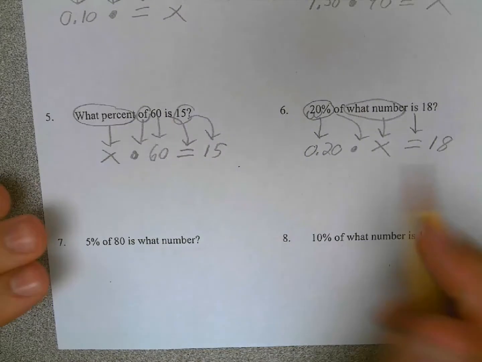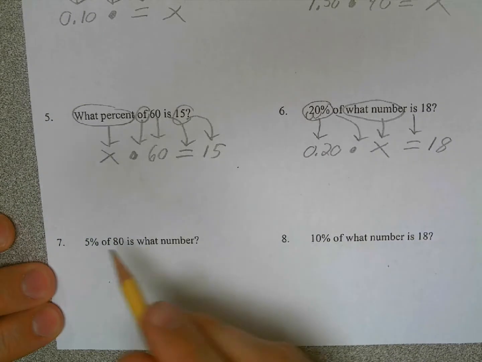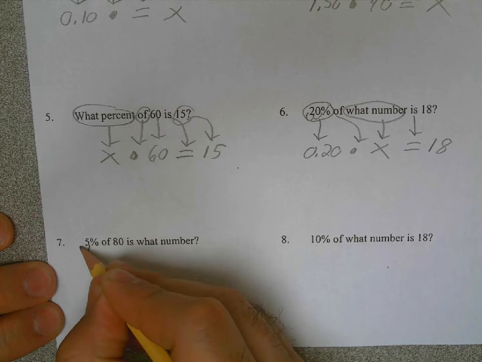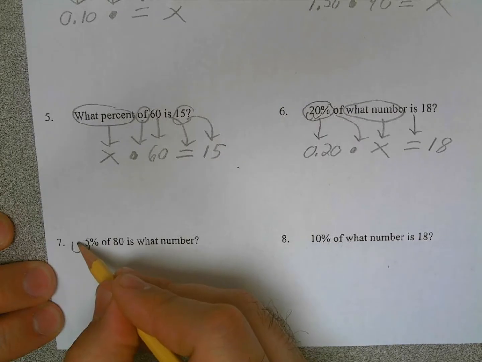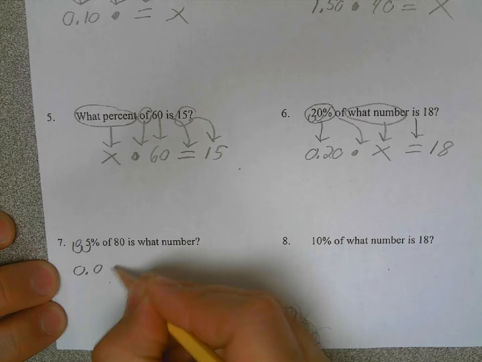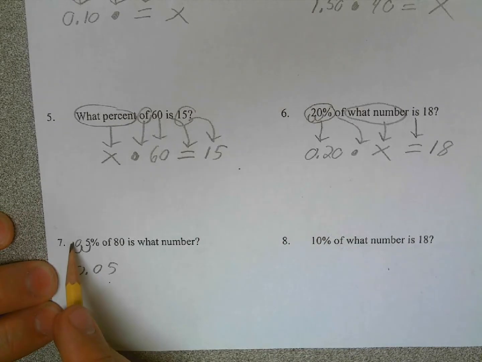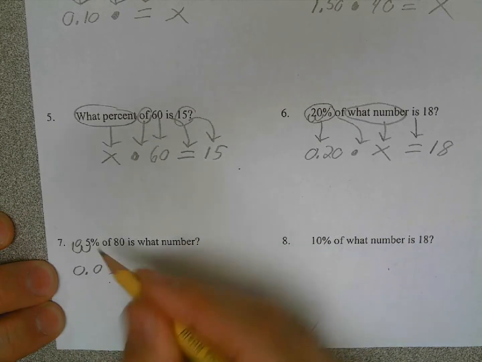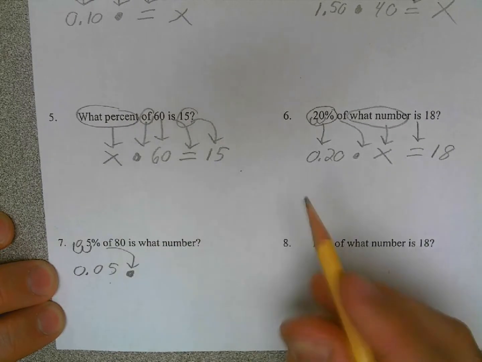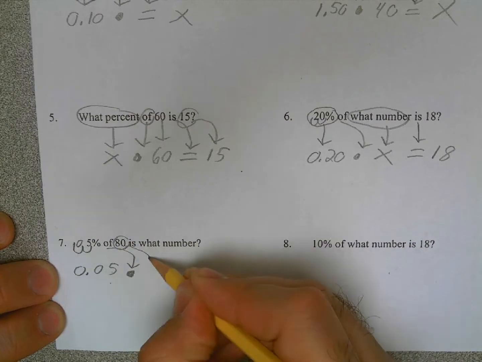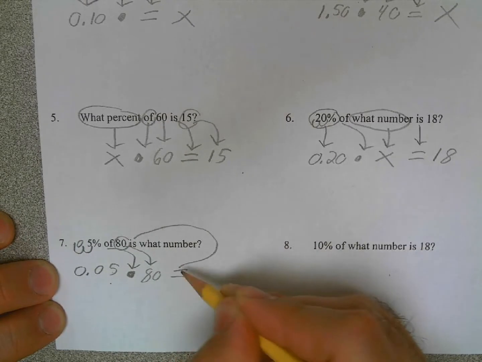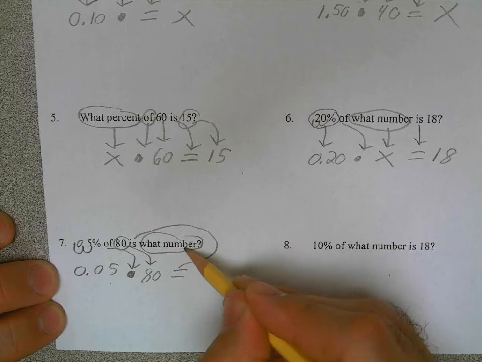We're going to set this up. 5%. So that's not helping me. So I'm going to move that over 1, 2. With an empty spot, we put a 0. So I got my 0.05. So my decimal's right there. Of means multiply. 80 is, that's my equal sign, what number?